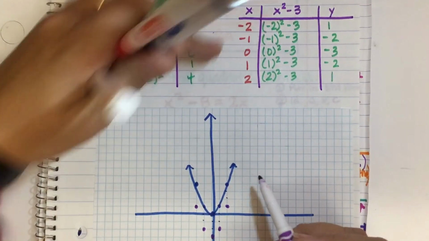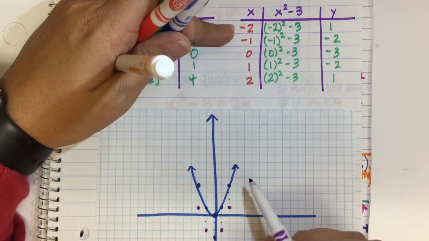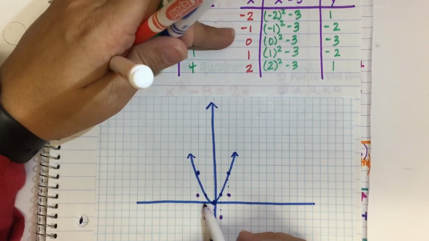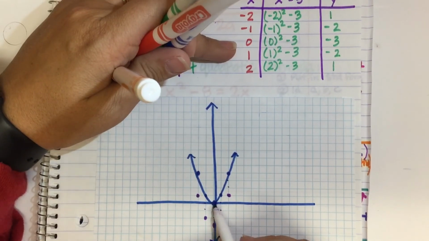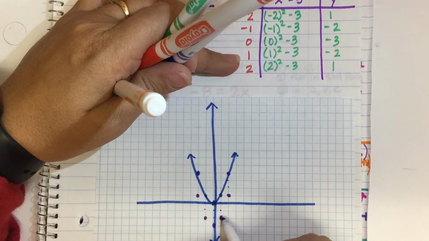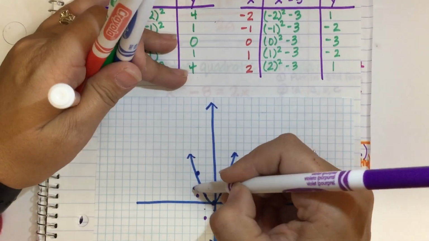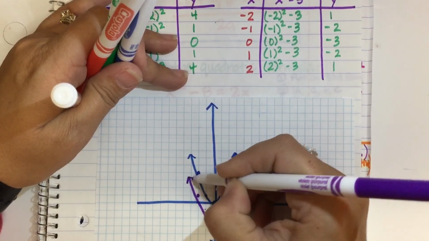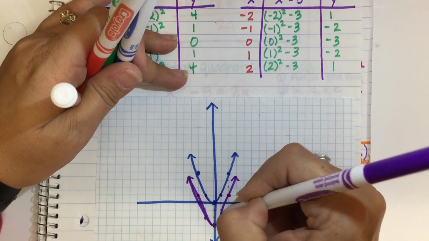Now let's double check. My first one should have been at -2, 1. So this is -2, 1, -1, -2, 0, -3, 1, -2, and 2, 1. So all of that worked. So this is my second parabola.